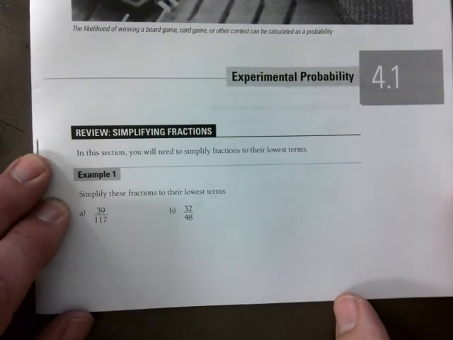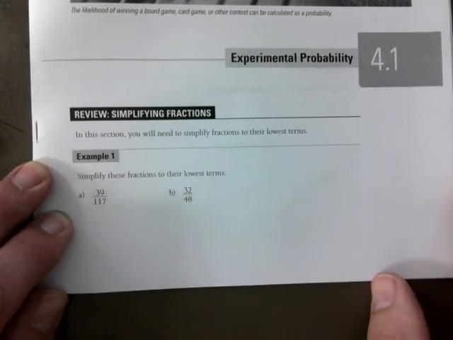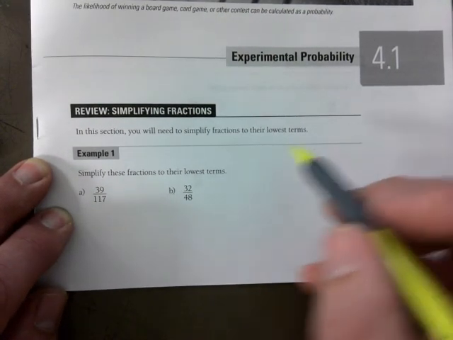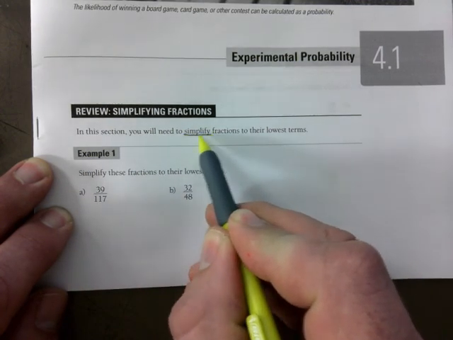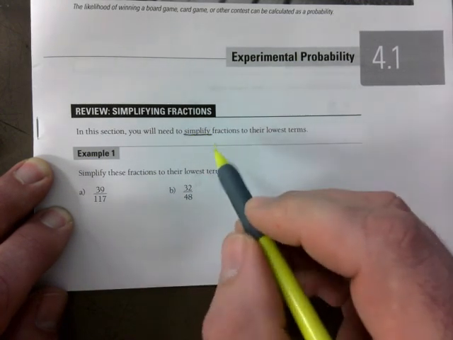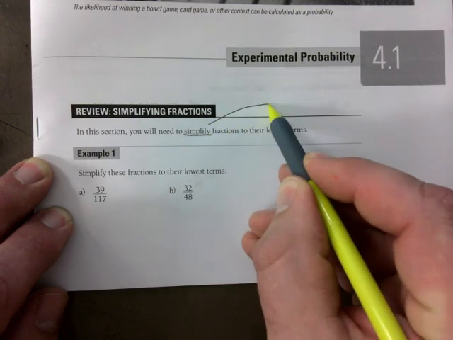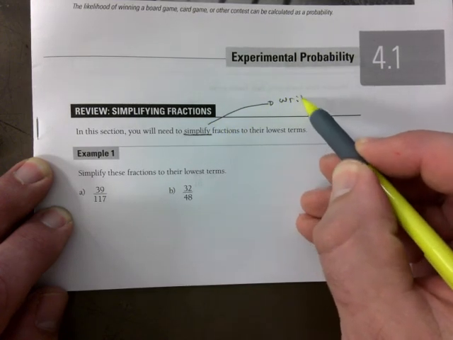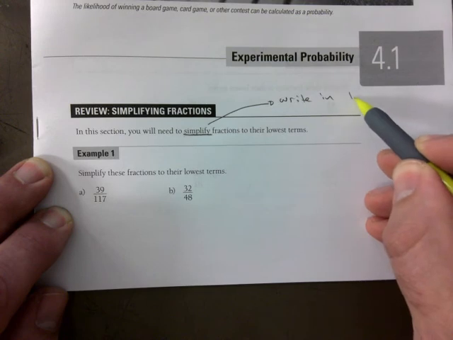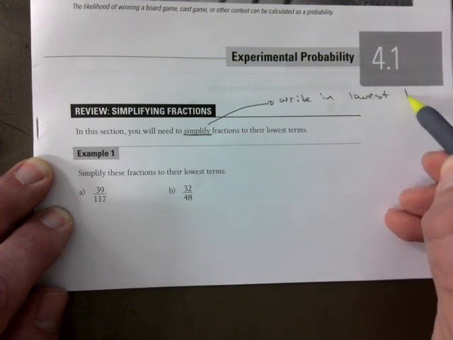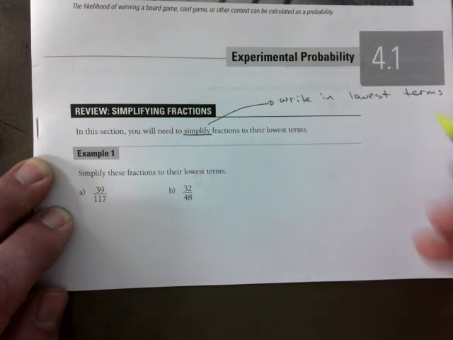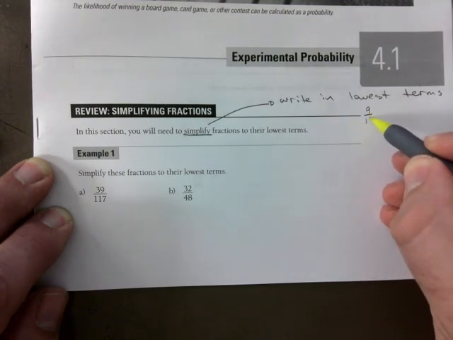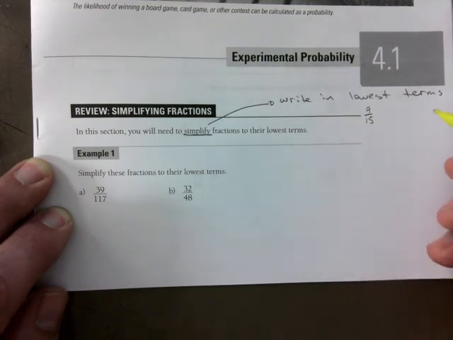So let's go to experimental probability. In this section, you will simplify fractions, okay? What does simplify mean? You write in lowest terms, right? So if you have 9 over 15, right?